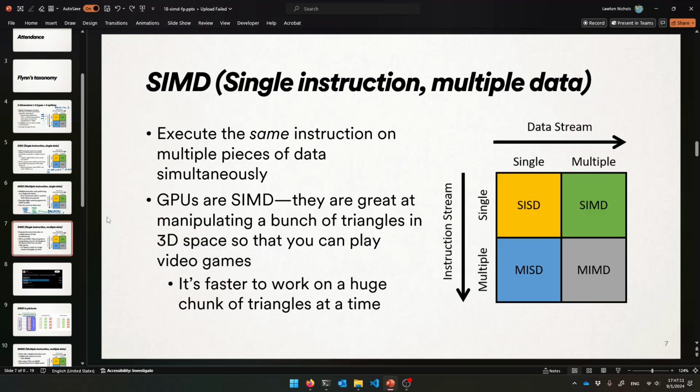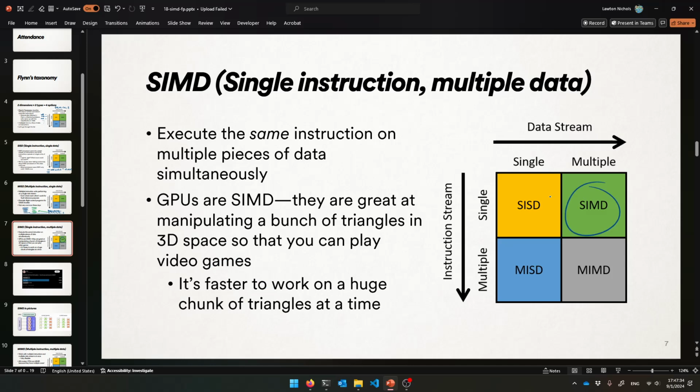Okay, that's what GPUs are good at, right? So yeah, it's just faster if you think about it. Get a bunch of 3D coordinates of triangles ready in the giant registers or memory of your GPU, and then just act on all of them at once to calculate the next frame of your video game. It's faster to work on a giant chunk at once.